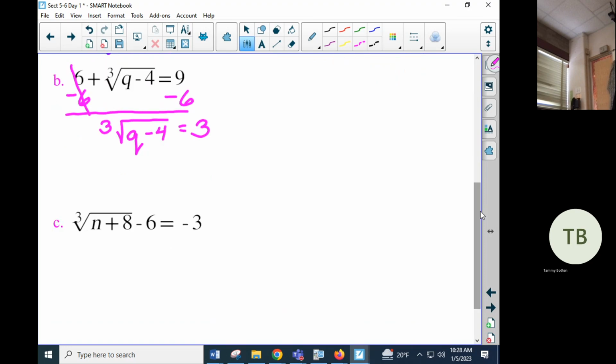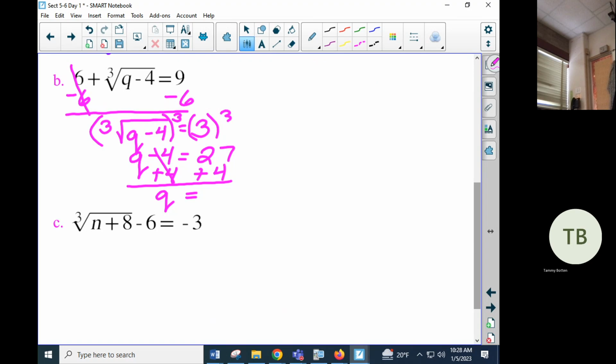To get rid of that cubed root, I cube both sides. The cubed root cubed cancels, so this is q minus 4. 3 to the third power is 27. Then I add 4, and q would equal 27 plus 4, which is 31.